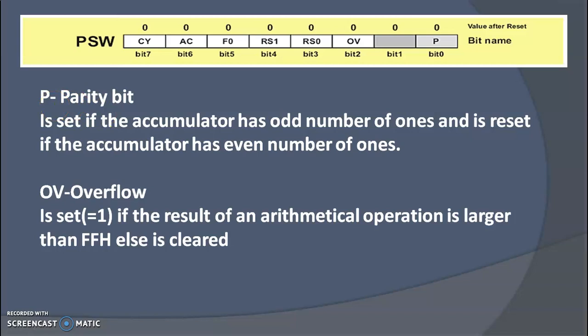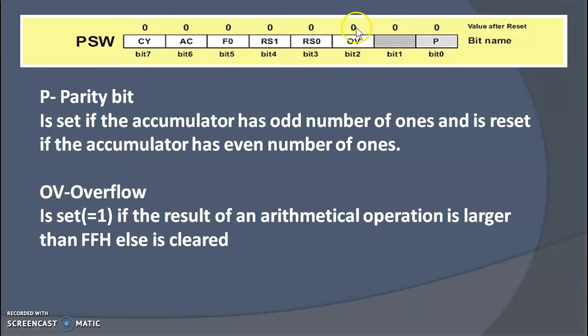The parity bit will be reset if the accumulator has even number of ones. Then the bit 1 is not specified any particular function, or it can be used as a storage bit by the programmer.